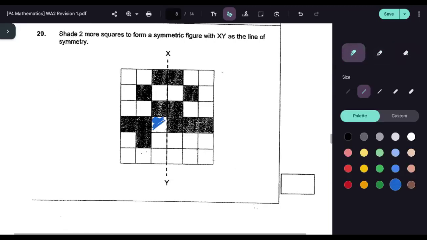You need to shade one here, and you need to shade one here. This concludes your line of symmetry. Okay, got it. Okay, awesome. Very nice, very nice. Okay, all good.